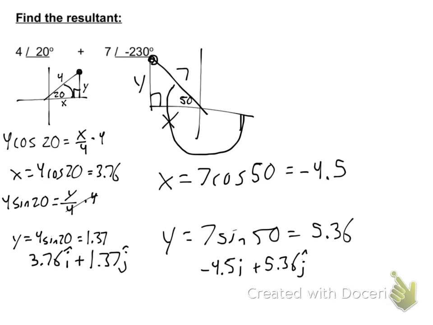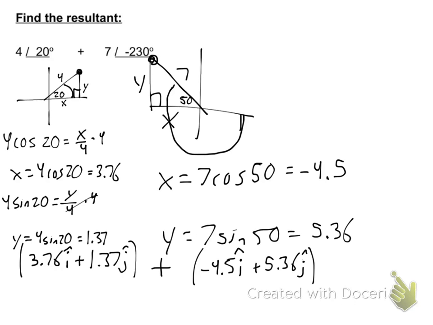The thing about this is that I need to find the resultant. That means I got to add these. That's what it says up here. Add. So I'm going to add. And if I do this, I just gather up like terms. I got I hats and I got j hats.